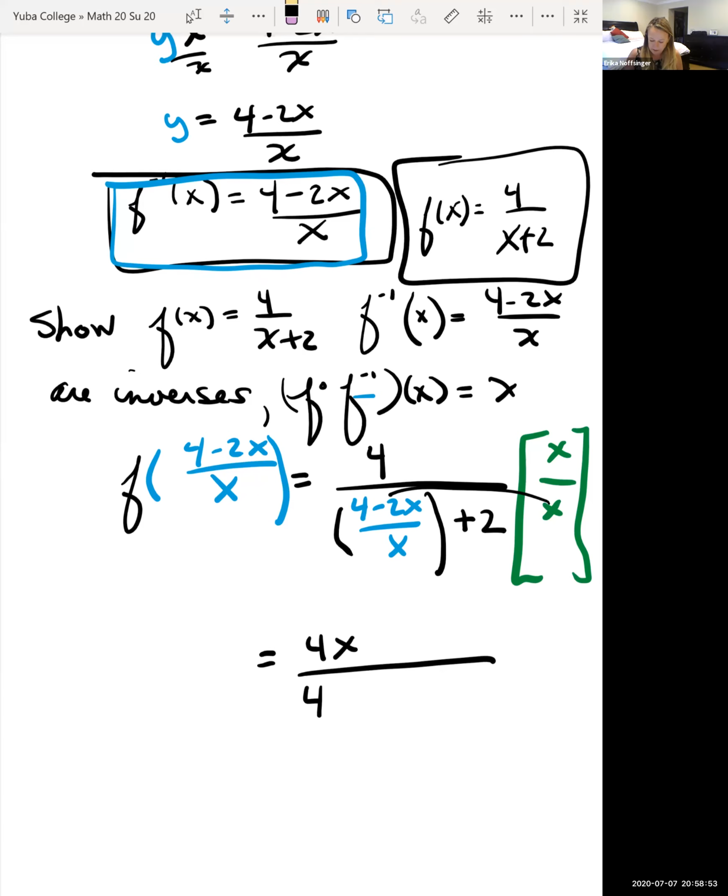We're left with 4 minus 2x. Distribute the x to that other term, plus 2. So that gives us 2x. Simplify, combine like terms in the denominator, negative 2x plus 2x cancels, so we're left with 4x over 4, which is equal to x. So we showed what we wanted to show, and what we did, we found the correct inverse.